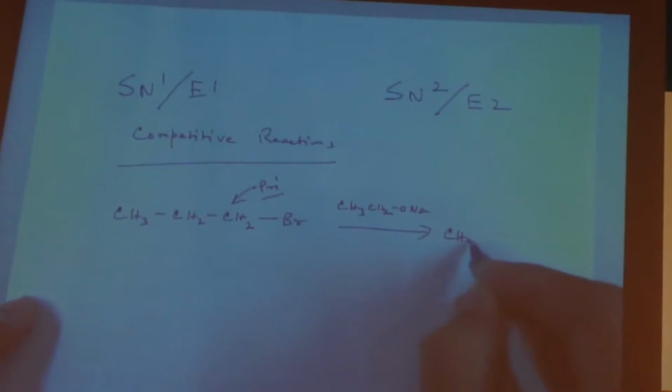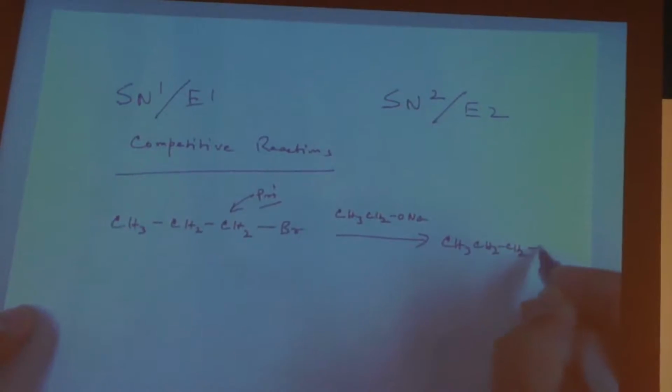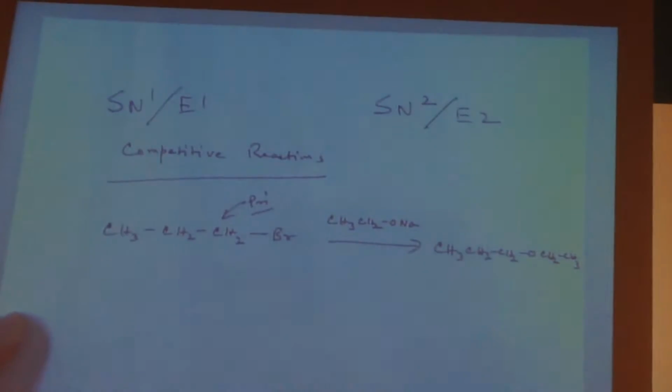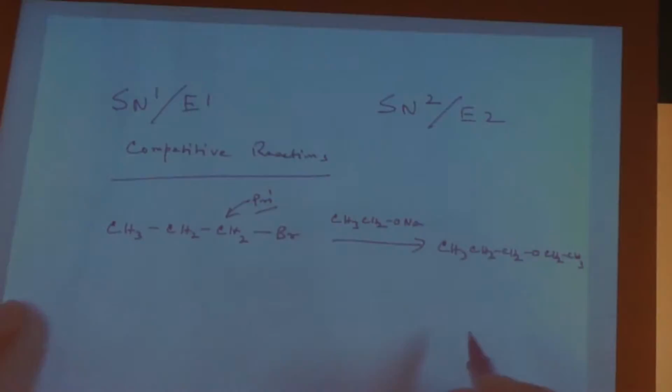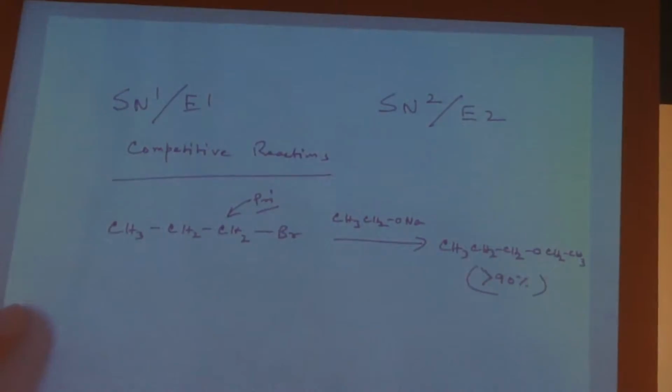So it would be mostly substitution, giving you the ether plus NaBr. I'm not writing that. So this would be greater than 90%, and there would be some 10% of the elimination product.